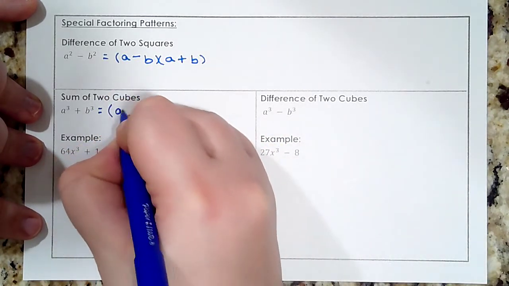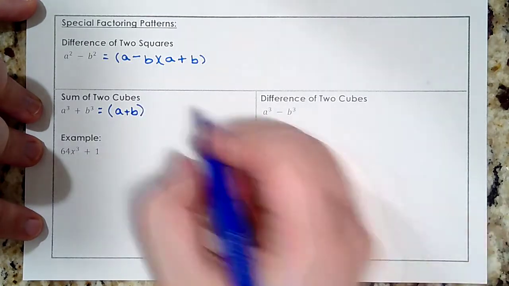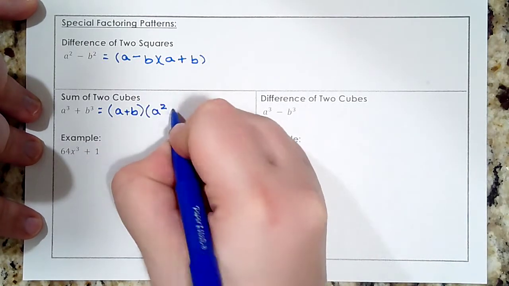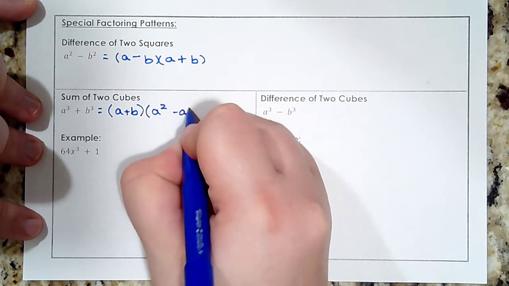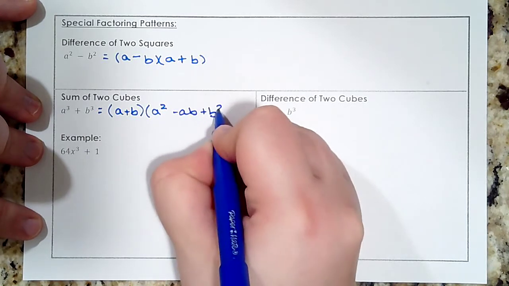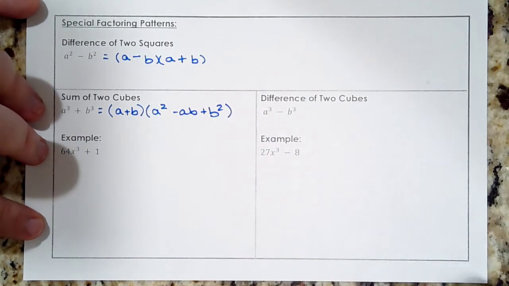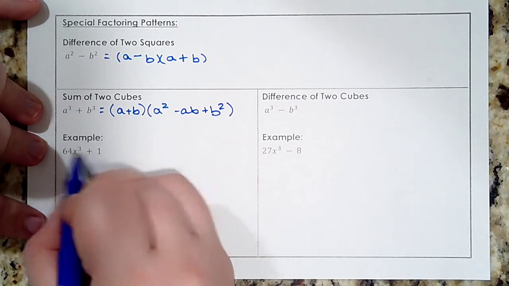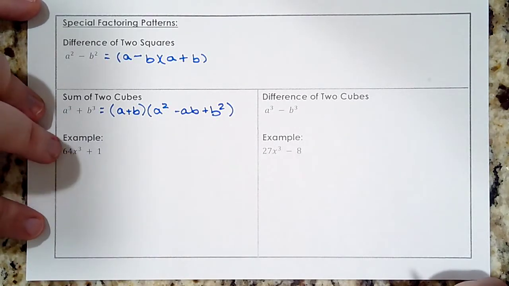This one starts out as (a plus b), and we have (a squared minus ab plus b squared). So let's do a quick example of that. I have the equation right here.